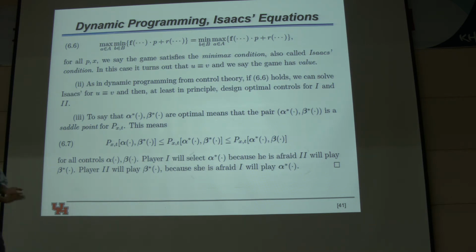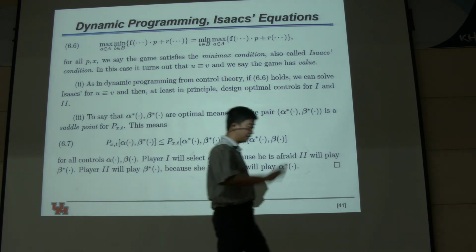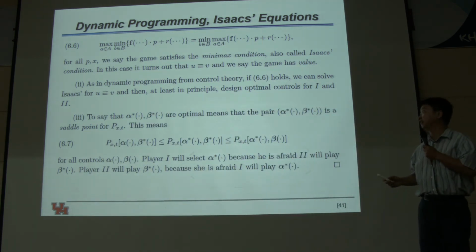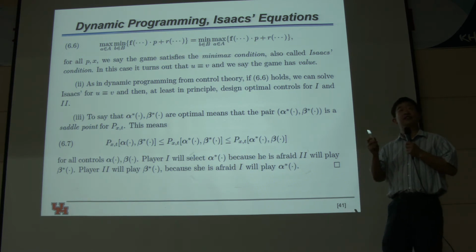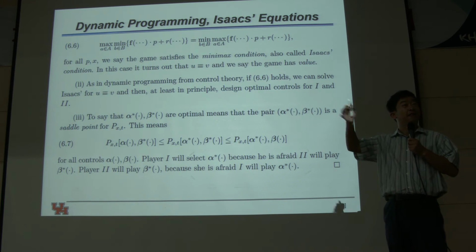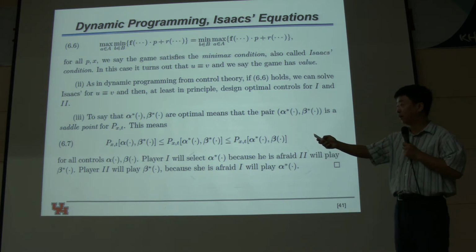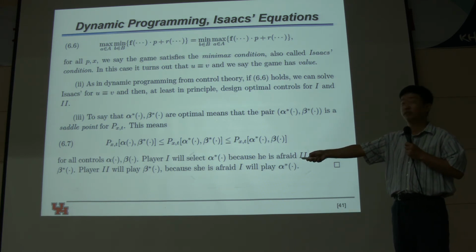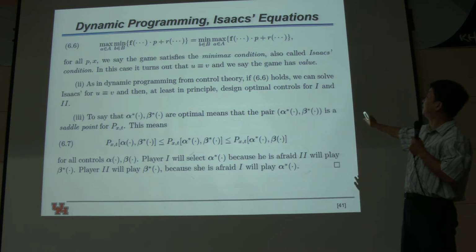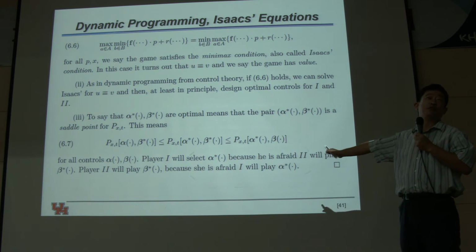And to give you an example, a joke. In Asia, camels have two humps. You sit in the middle, very comfortable. So basically, this is called Isaacs, Nash equilibrium.